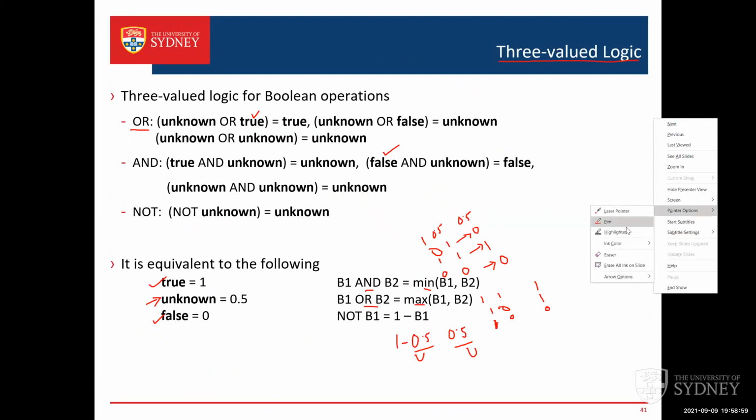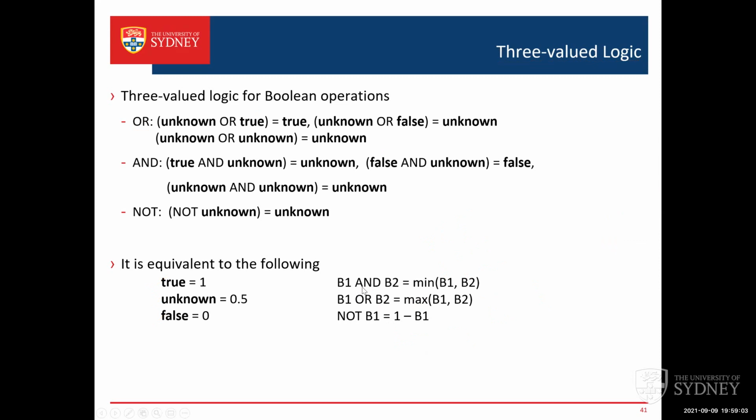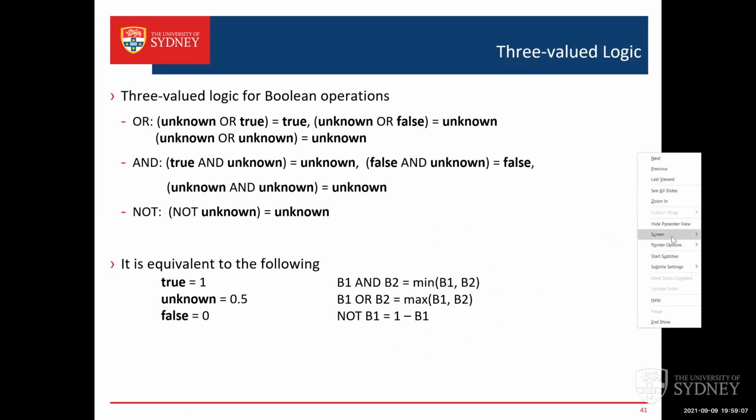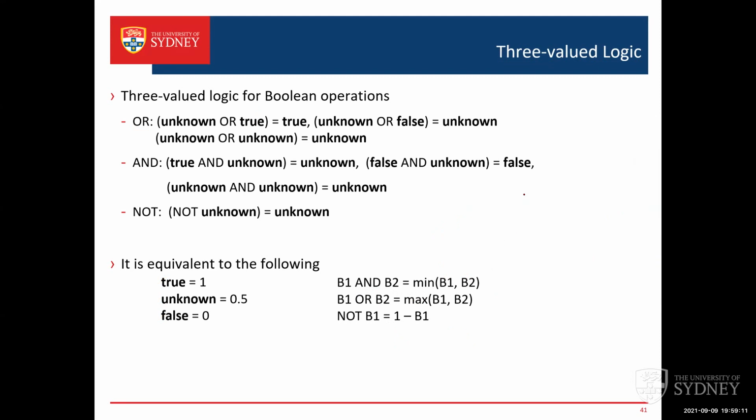Whenever we have AND between these two, previously we learned that only if both are true does the output become true, so 1 and 1 gives 1. If one is false and one is true, the output is false for AND. So you can see the minimum is always coming in here. That's simply a rule.